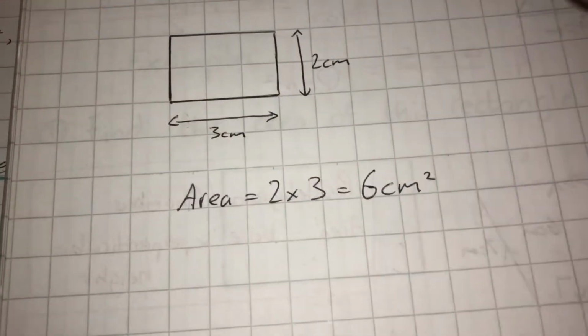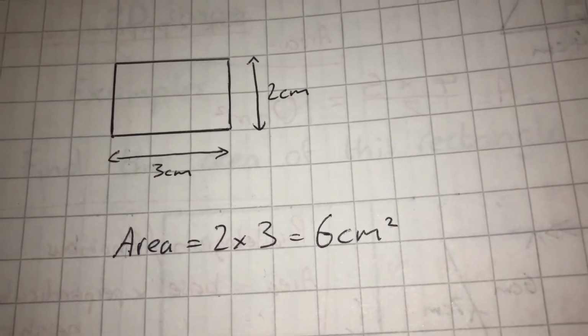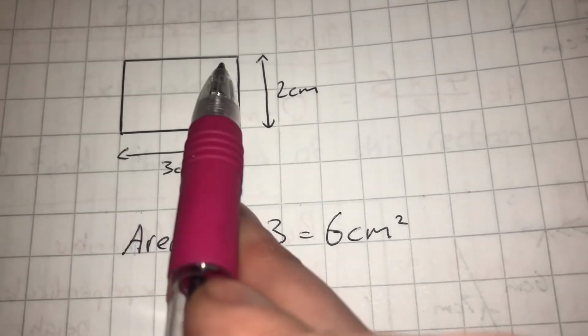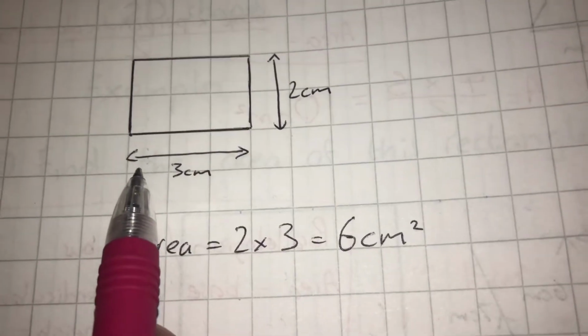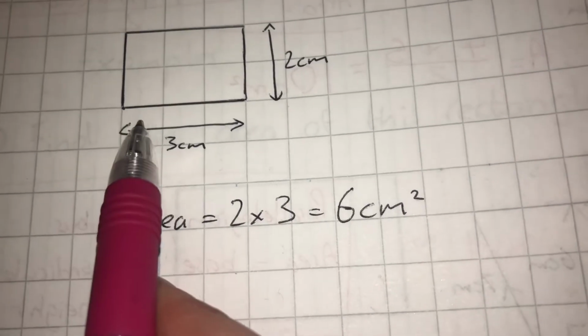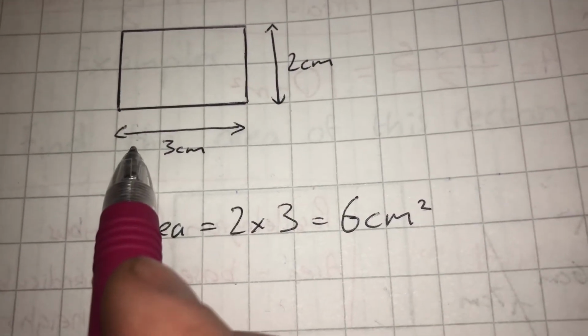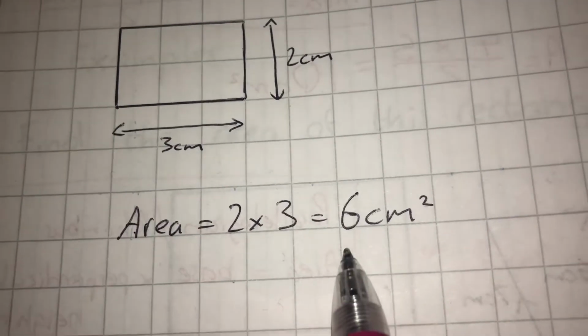Okay, so as I mentioned previously, the area of a rectangle is simply the base multiplied by the height. So in this case we have a rectangle which is 3 centimeters base and 2 centimeters height. So it was simply 3 by 2 or 2 by 3, doesn't matter what order you multiply them in. And that gives us 6 centimeters squared.